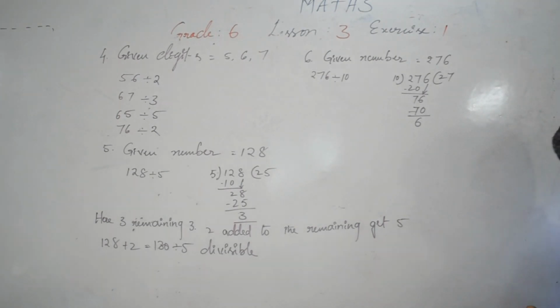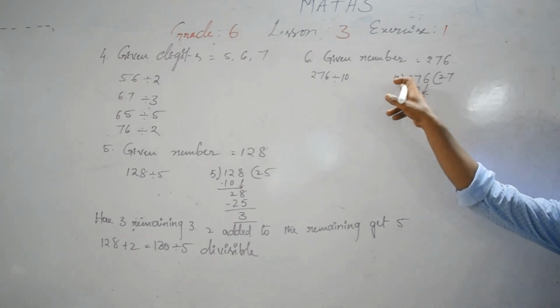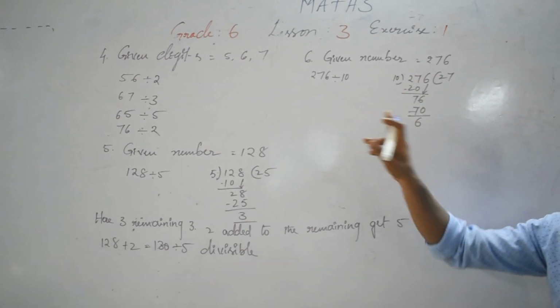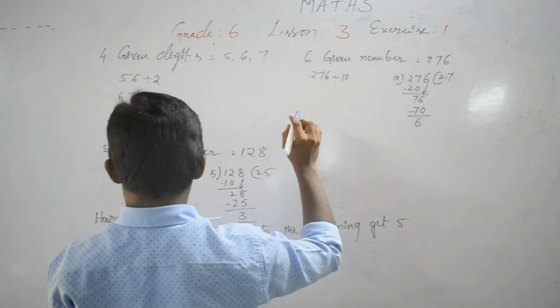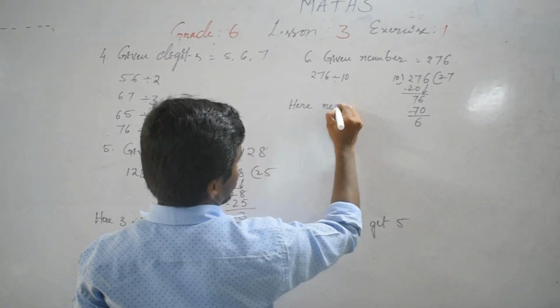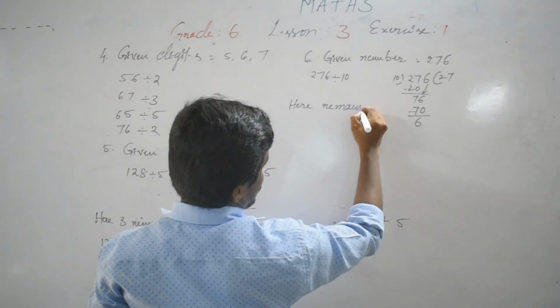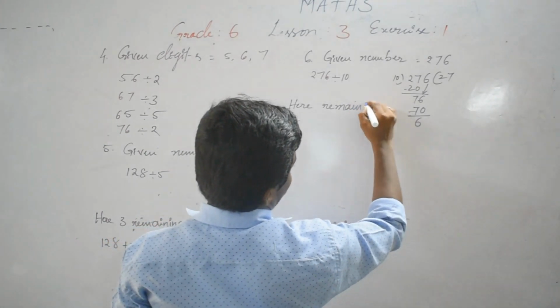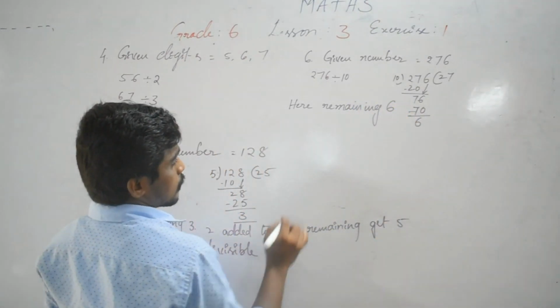Not divisible. So how many do we subtract from this number to make it divisible by 10? Here remaining 6.